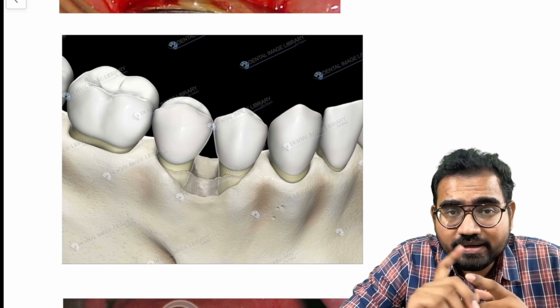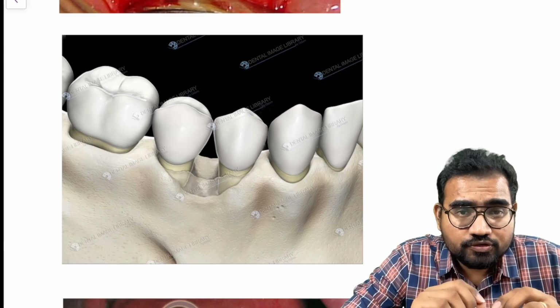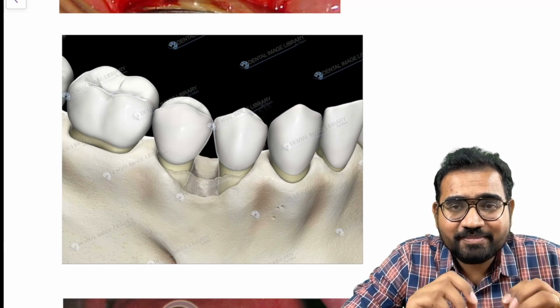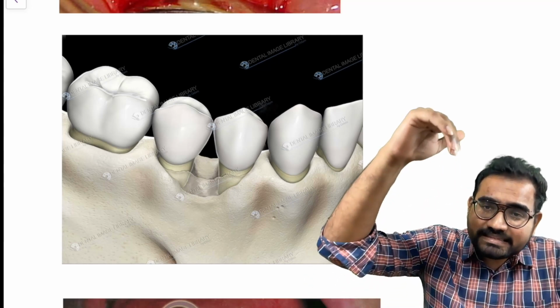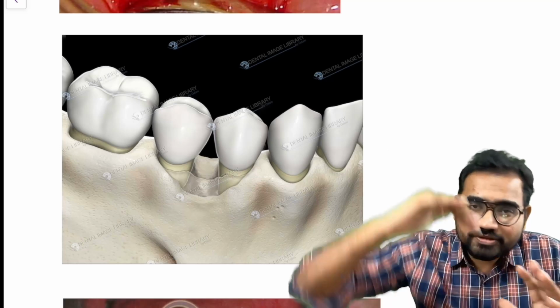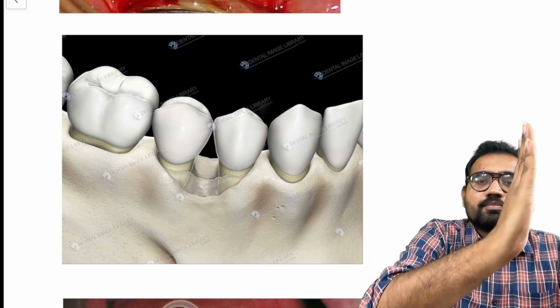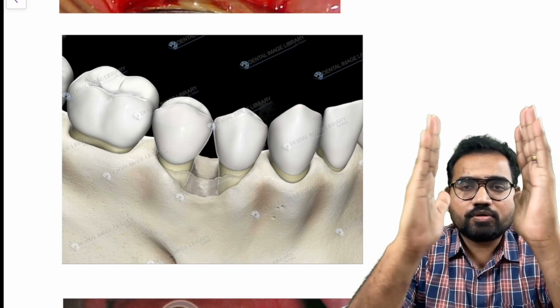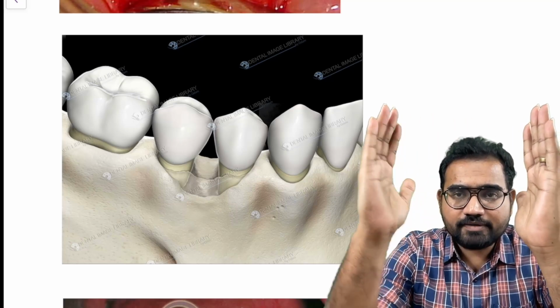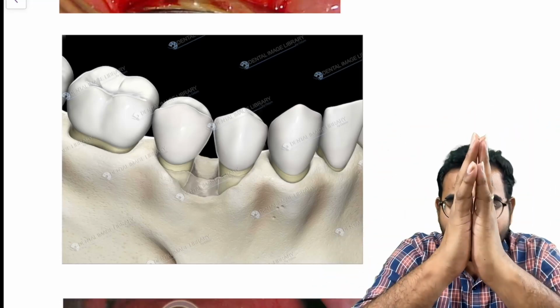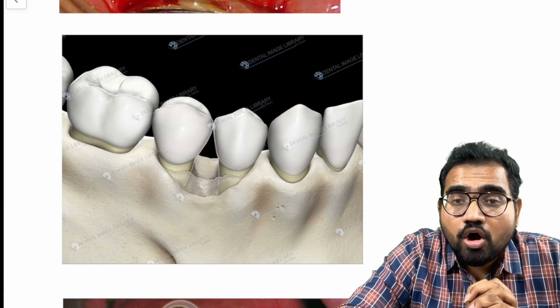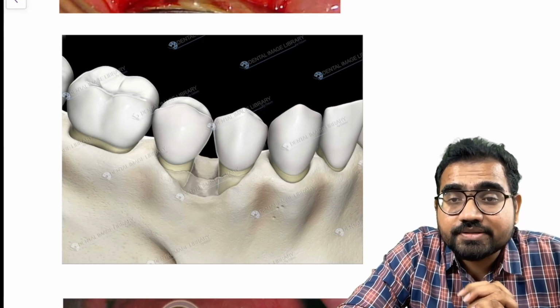Since it is lower, let us consider it as the lingual wall. So I'm having the buccal wall and the lingual wall. What I'm not having is the interdental portion. So there is a small dip in the interdental portion. My buccal and lingual walls are here, and in between I have a small dip and then it comes out. This is called as osseous crater.